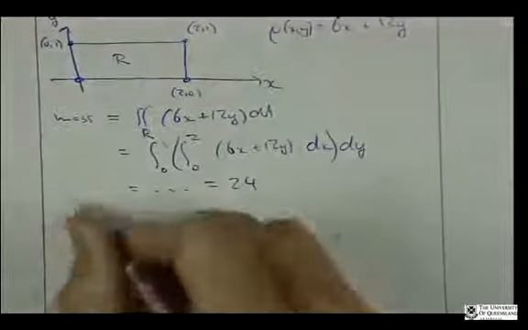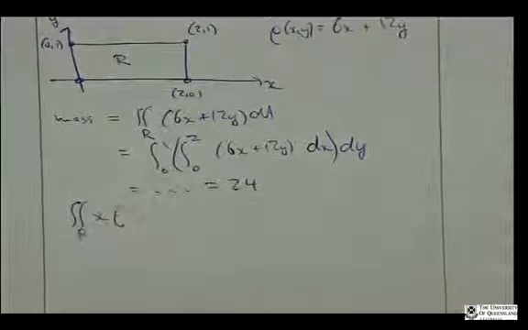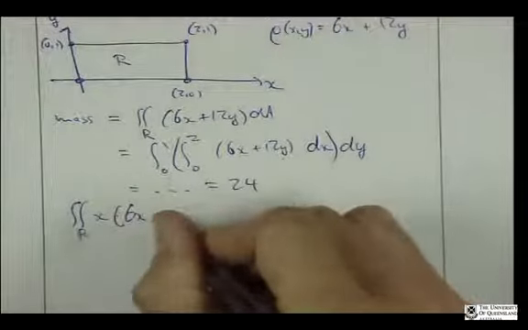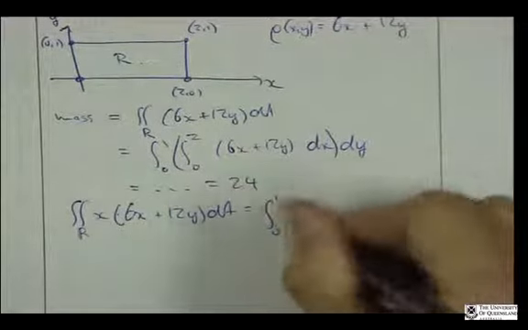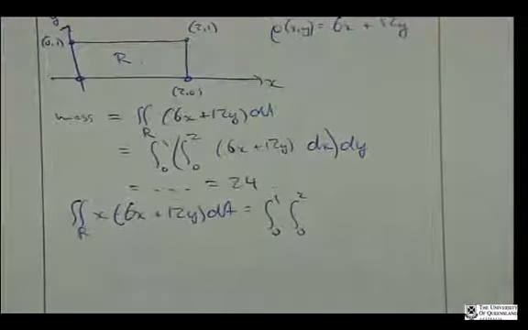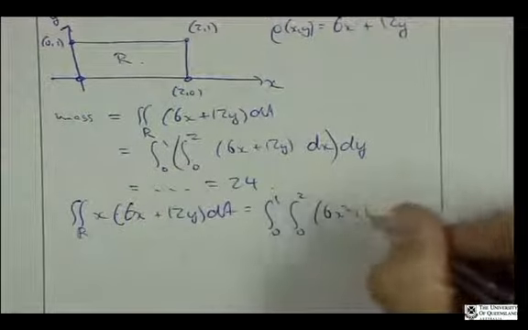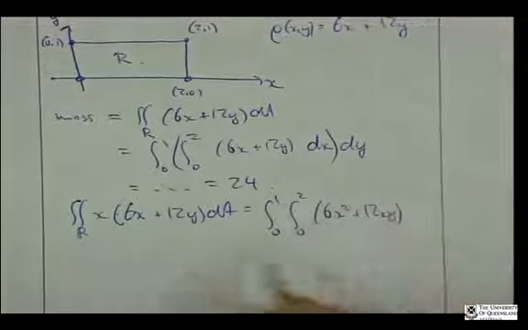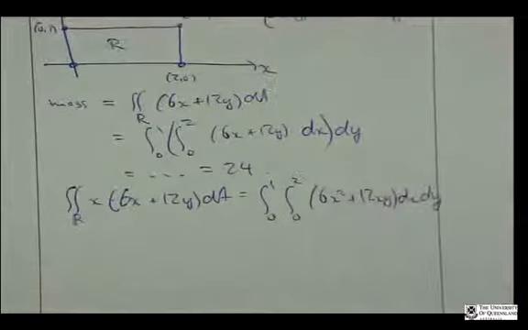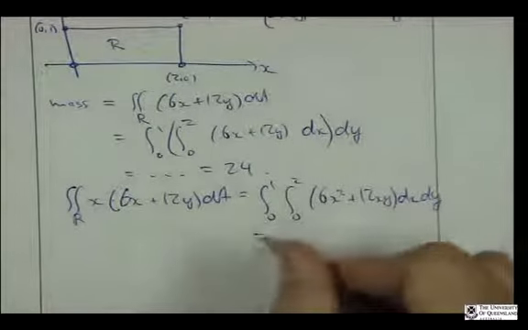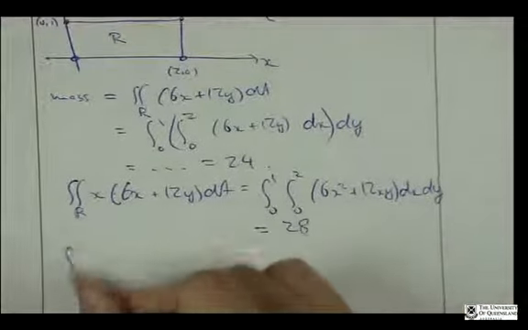And what about these moments? Well, we need x times the density function to work out the x coordinate. So that's the integral from 0 to 1, 0 to 2 of 6x squared plus 12xy, first with respect to x from 0 to 2, and then with respect to y, which evaluates to 28 in this case.